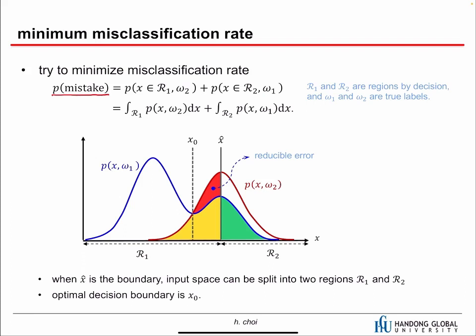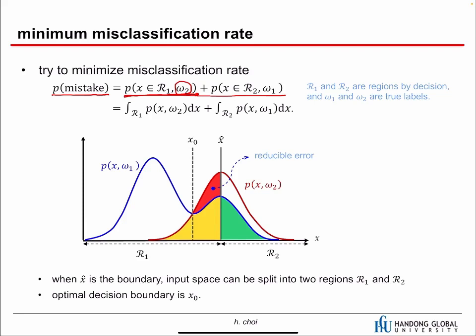Probability of mistake. The probability of mistake in binary classification, for example, can be rewritten in this way. So the first term says the true class is class 2, okay, this one is the true class, but the model says, oh, this X is class 1.